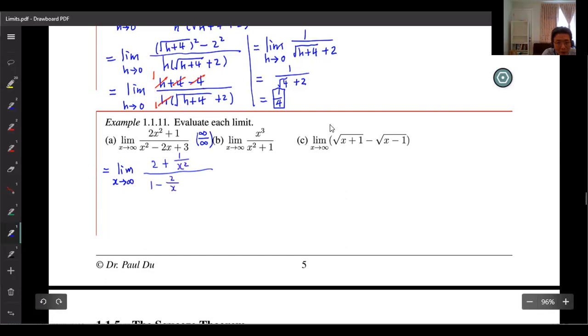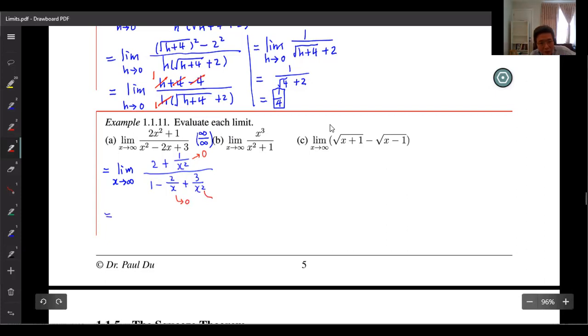We can use the basic rule and bring the limit symbol inside each term. We can see here this one approaches 0. Graphically, you can easily see this approaches 0, or intuitively, no problem.